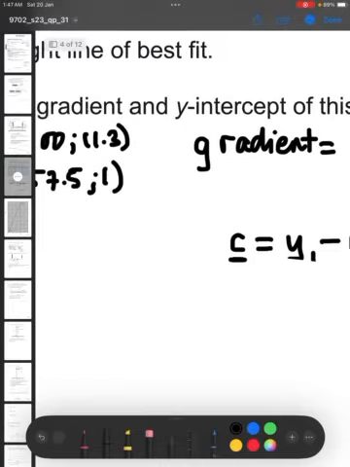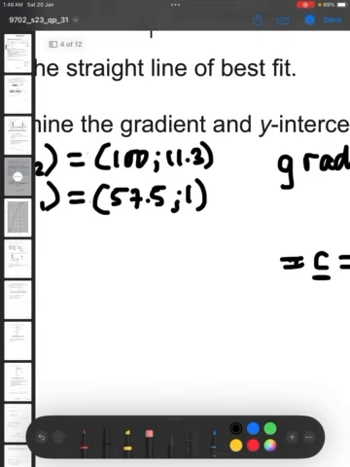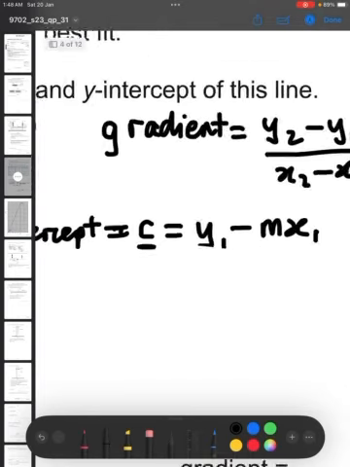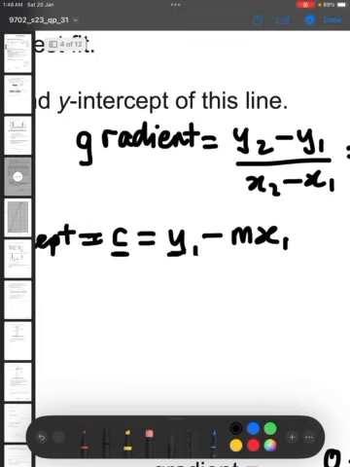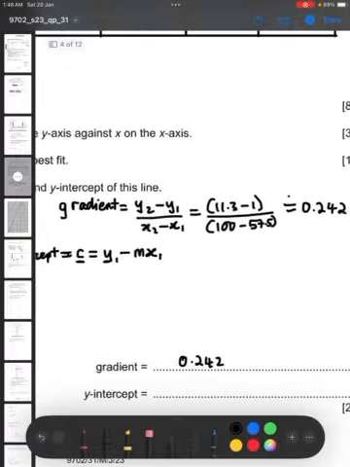Okay, next, to find the y-intercept I use this equation, where this is the y-intercept. To make it a little clearer, I'll write this as the y-intercept, so that we're more clear. So C is the y-intercept. I find it by saying y1 minus m times x1. Who is m? m is the gradient that we just found.